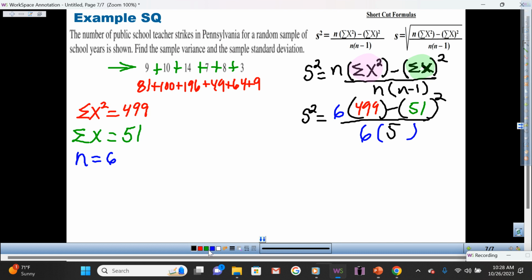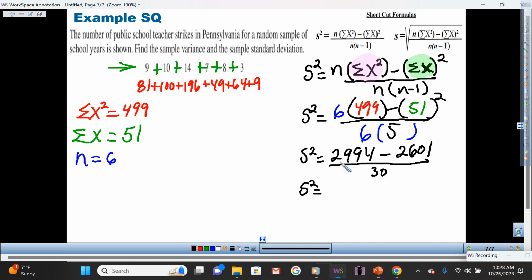All right, so let's finish this up. Variance is equal to, what is 6 times 499? That's 3,000 minus 6. That's 2,994. Minus 51 squared. What'd you get for 51 squared? 2601, over 6 times 5 is 30.